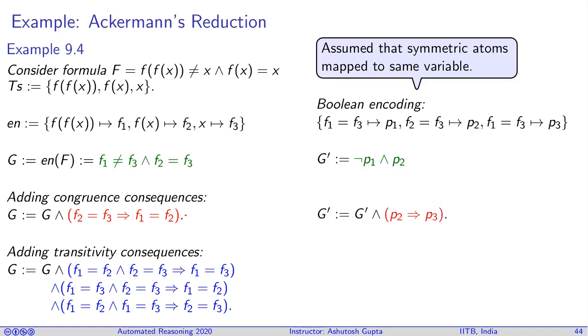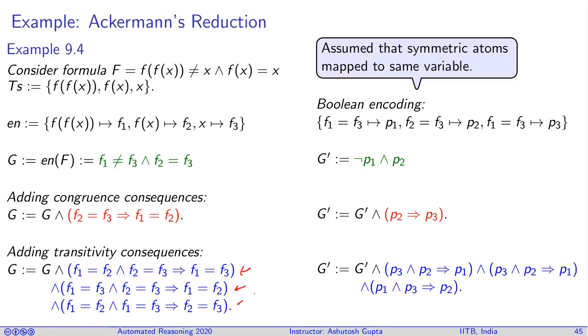Similarly, we translate this clause to this Boolean propositional clause. Similarly, these three clauses are translated into Boolean propositional clauses here, which are three of them. Now G prime is a Boolean formula. Now you can call a SAT solver on this formula and check if it is unsat or sat. Since G prime is unsat, as you can check yourself or by running a SAT solver, we know F is unsat. This is called Ackermann's reduction.